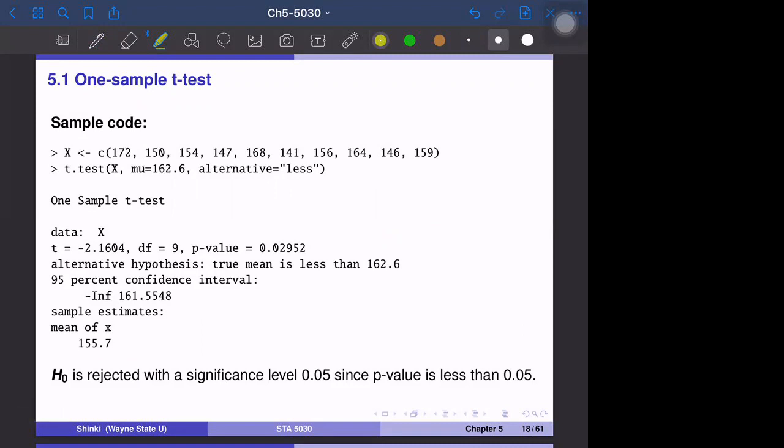The data is here, x1 to x10. We use the t.test function with the data, the null hypothesis, and the alternative hypothesis. Last time we did not put anything, so the default is two-sided, but here the alternative hypothesis is less, meaning mu is less than 162.6.